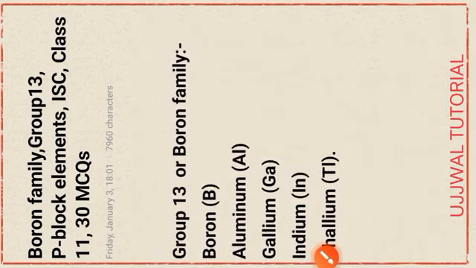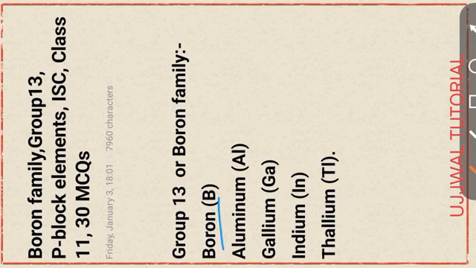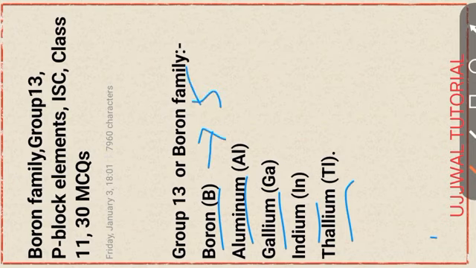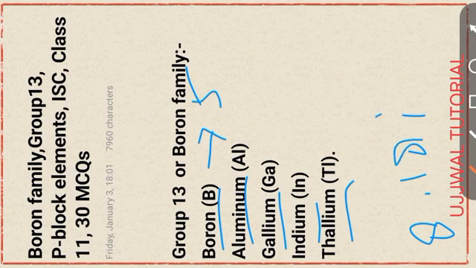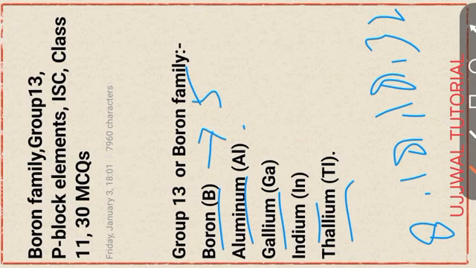Boron family, that is group 13 elements: boron, aluminium, gallium, indium, and thallium. Atomic number of boron is 5. Follow the pattern 8, 18, 18, 32. Adding 8 plus 5, the atomic number of aluminium is 13.